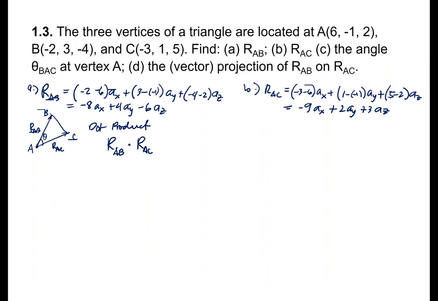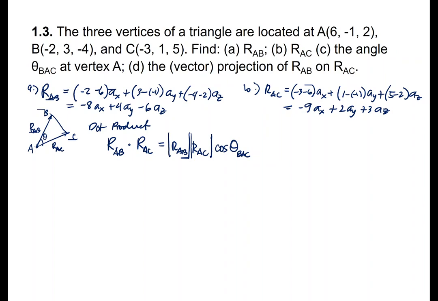The dot product of two vectors is equal to the product of the magnitudes of each vector, RAB and RAC, multiplied by the cosine of the angle between them. In this case, this is theta BAC.